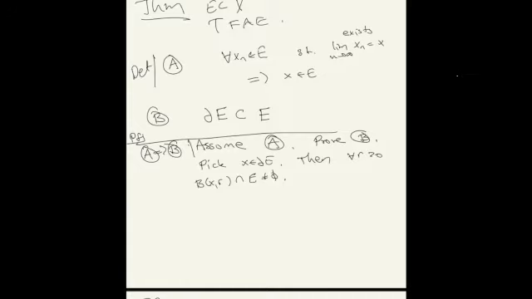So now using the same trick as in the video on adherence sequences, if we pick different R's going to 0, we can find a sequence that converges to x.